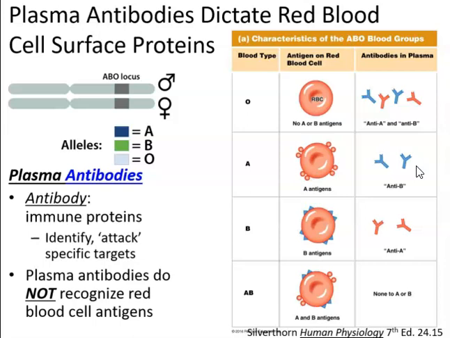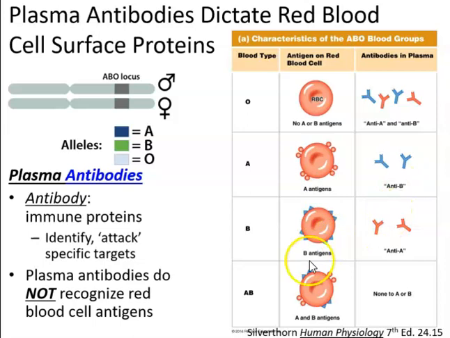That is why it is very important that before any transfusion of blood, you do the appropriate blood typing and matching. And you want to match the blood as closely to the recipient as possible, because we do not want to have agglutination. Agglutination can cause some pretty serious damage.